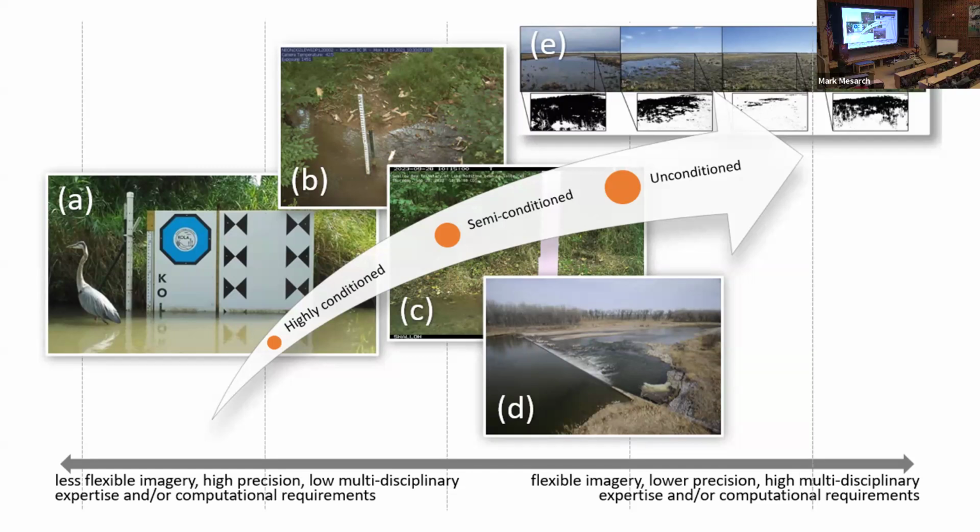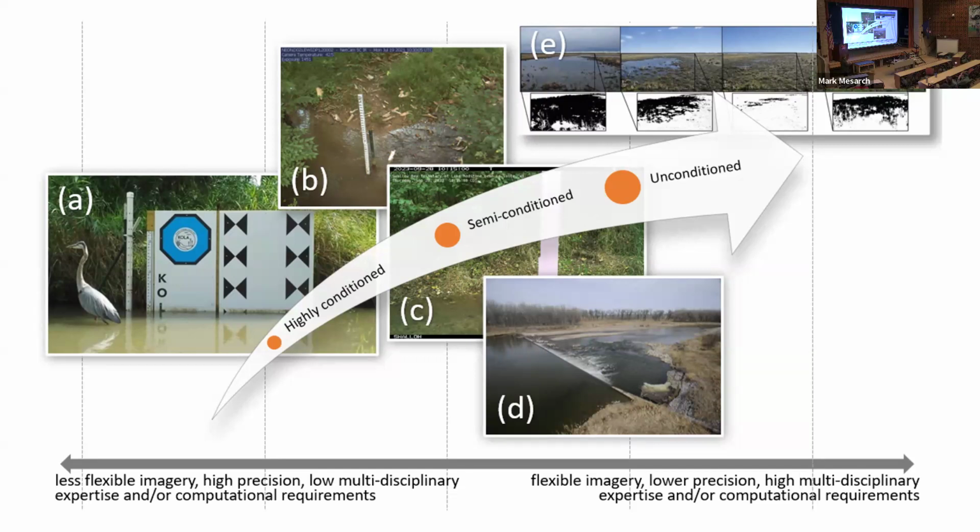But the reality is most of the images out there in all those archives that I told you about are going to fall more in this semi-conditioned area, where maybe you have something like a weir or a staff plate that's a known shape or size in the image that can help you make measurements because you have a reference point of some kind.